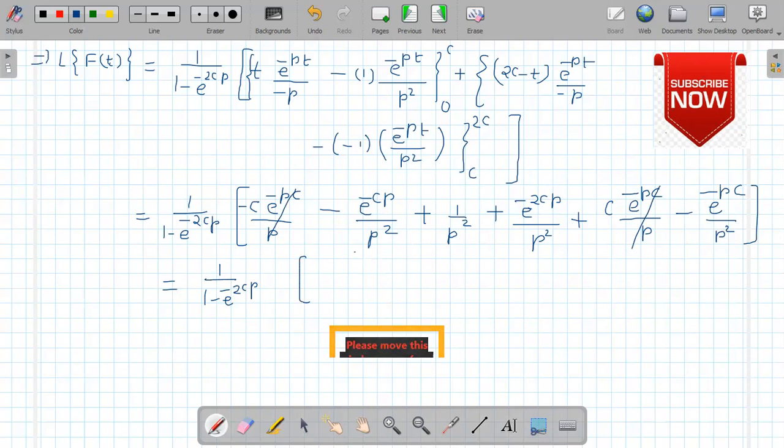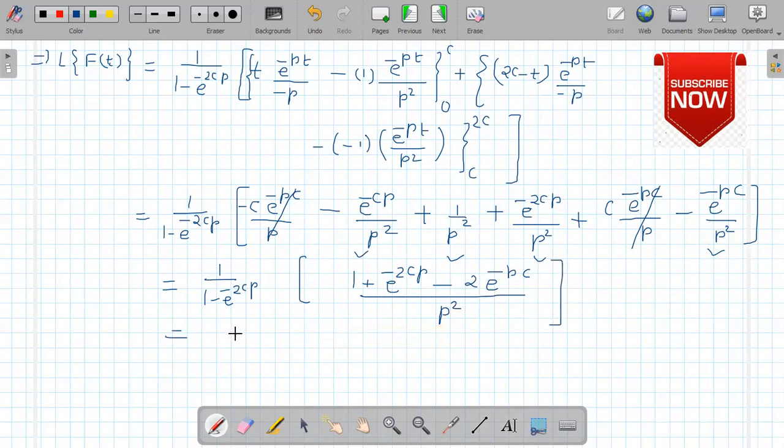We have this term, this, and this all have p square in the denominator, and this value will get added. This is 1 minus e to the power minus 2cp. It will be positive, and this will be negative, whole divided by p square.